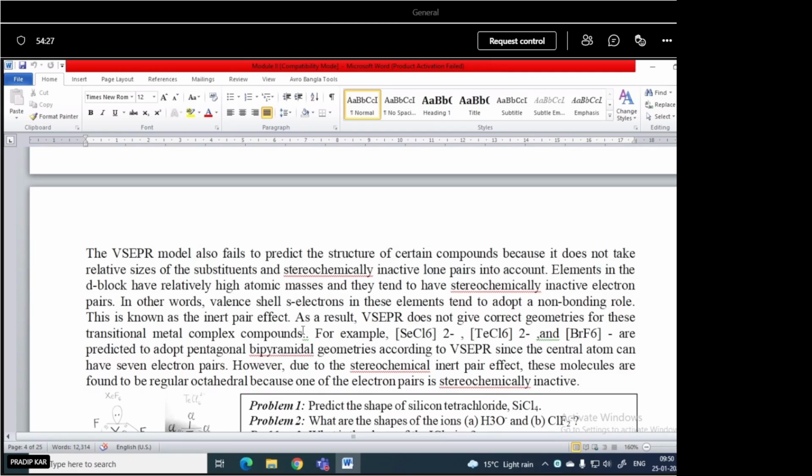The s electrons remain inert and remain as non-bonded in some of the compounds. But from VSEPR theory, it is not possible to give the accurate geometry for those, like SbCl6, TeCl6, SbCl6 2 minus, TeCl6 2 minus, BrF6 minus, which are predicted to adopt pentagonal bipyramidal geometry as per VSEPR theory, but it is having a different structure.